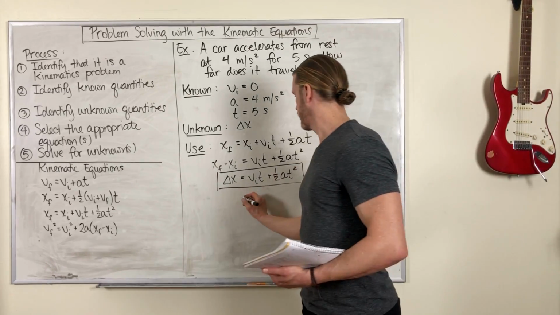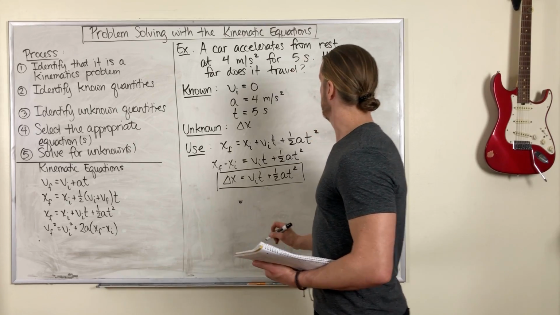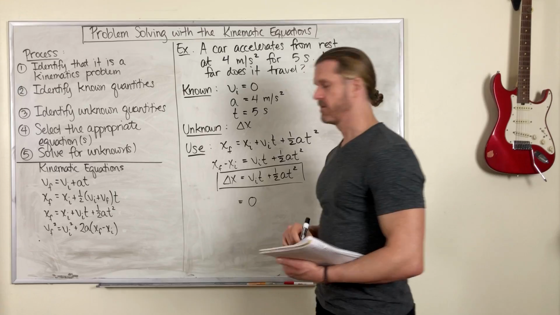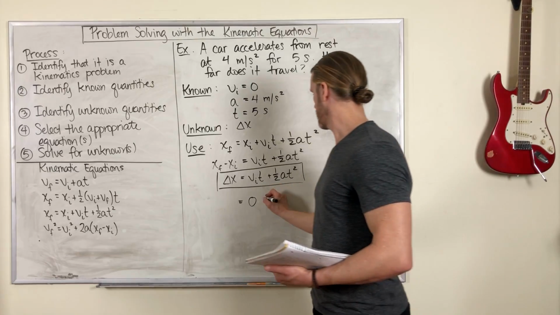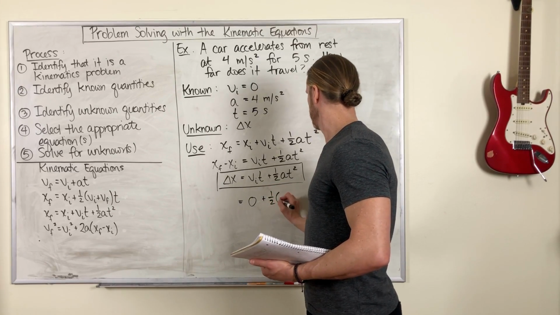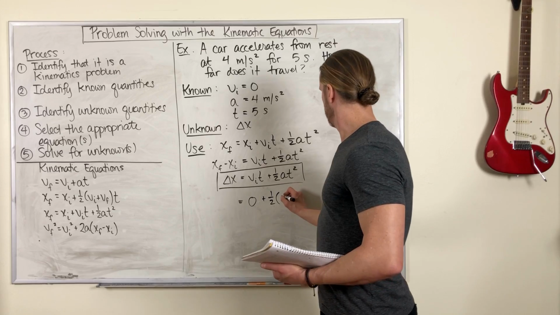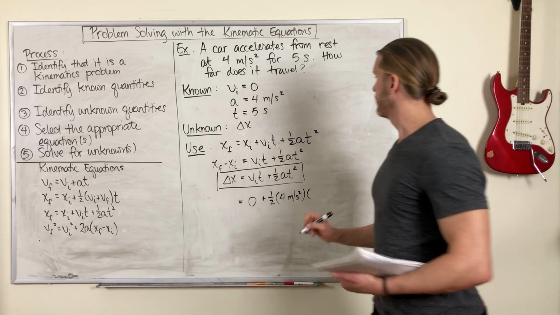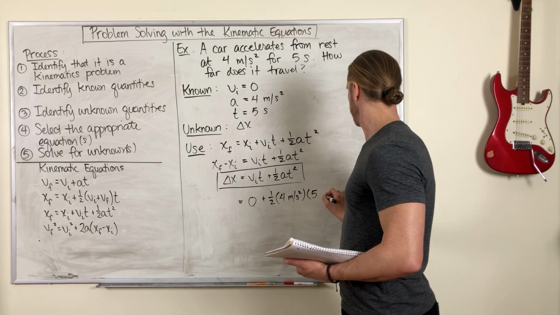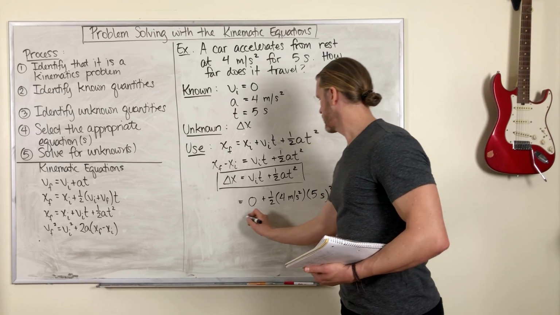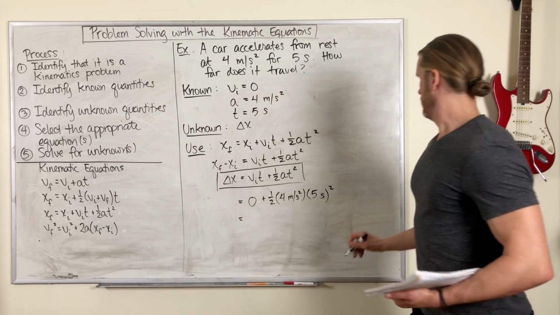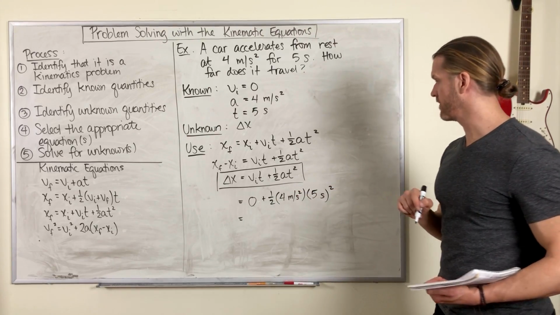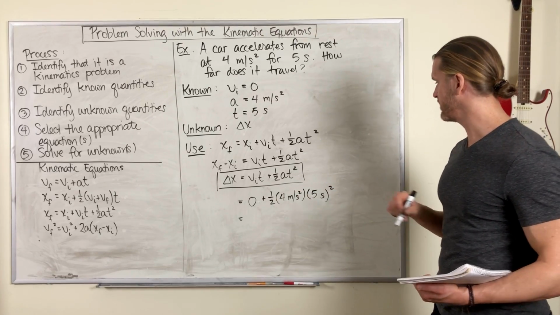We can now plug in the numbers we're given. V initial was 0, so this first term is 0. And we got 1/2 a, 4 meters per second squared, times t squared, 5 seconds, quantity squared. 1/2 of 4 is 2, 5 squared is 25, 2 times 25 is 50.